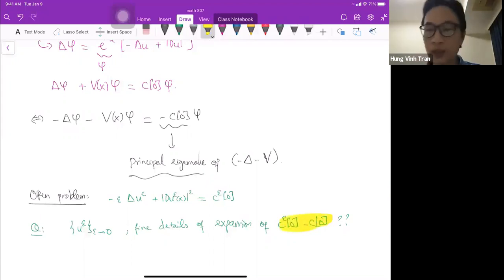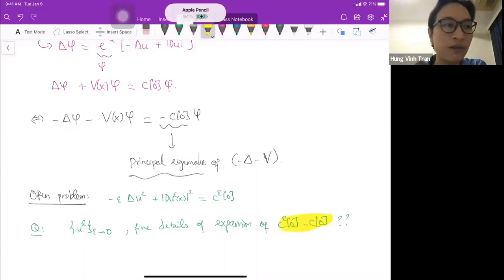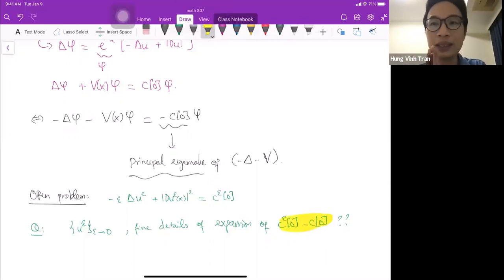In the literature they call it the flea on an elephant: you can think of V as an elephant, the potential energy, and if you perturb it a little bit, you put a flea on that elephant, then what happens? So far it's quite open.